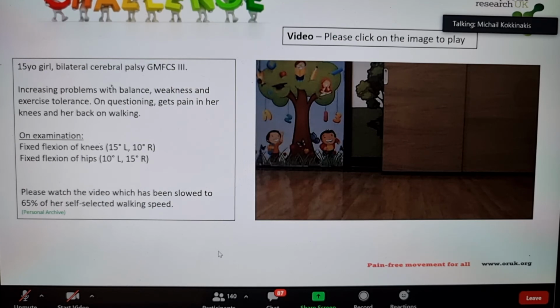And the other thing that I want to say, we as surgeons, and I say that from my personal experience, we should try to aim for single event multi-level surgery. There is evidence for that. And then we should also try to make post-operative rehabilitation as weight bearing as we can.